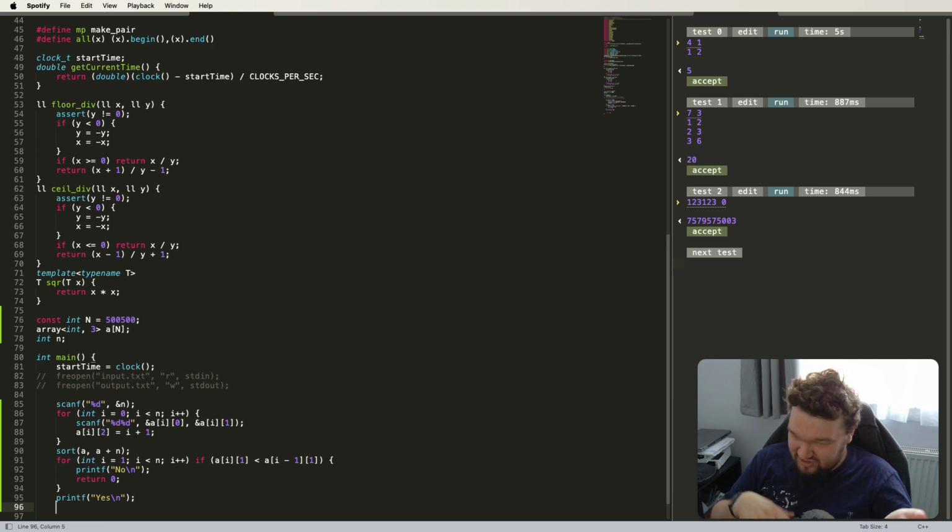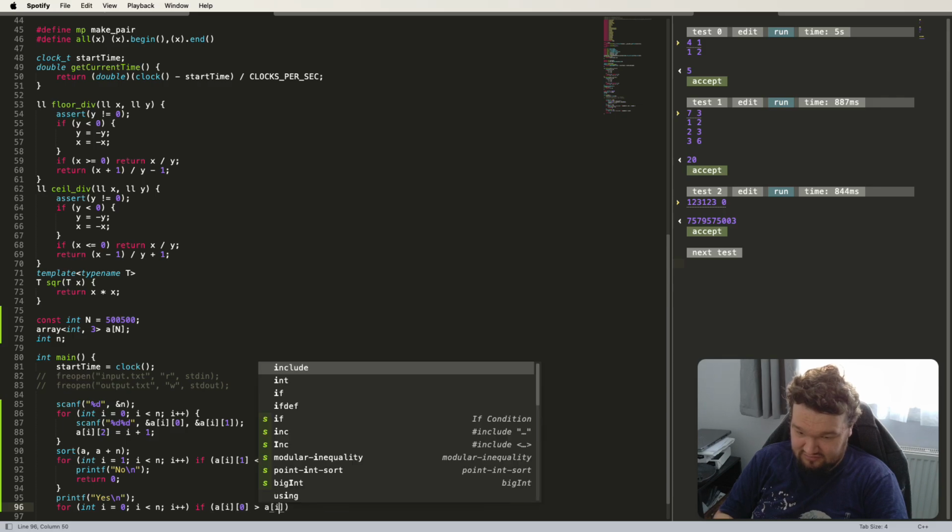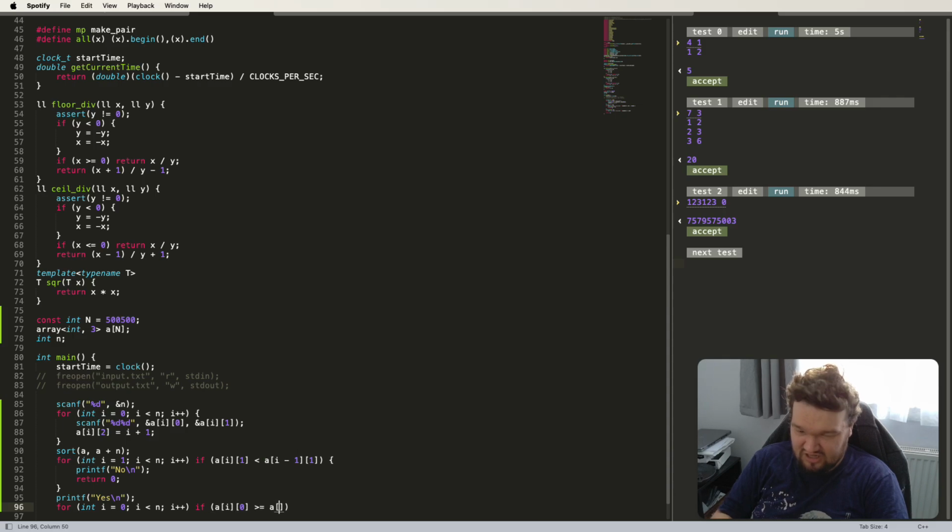Okay, then it's possible, and people that want to go to the left, I process left to right.